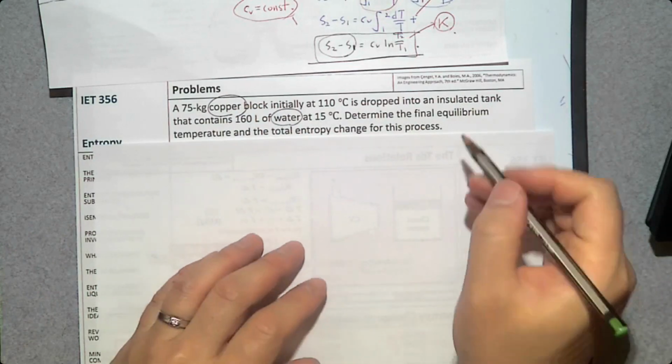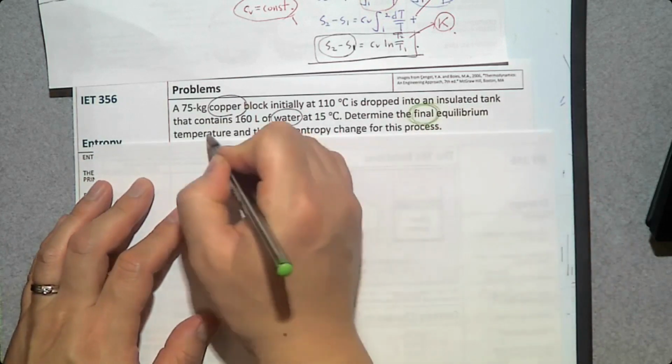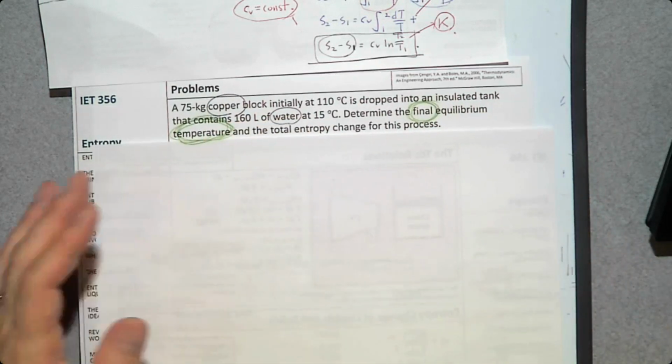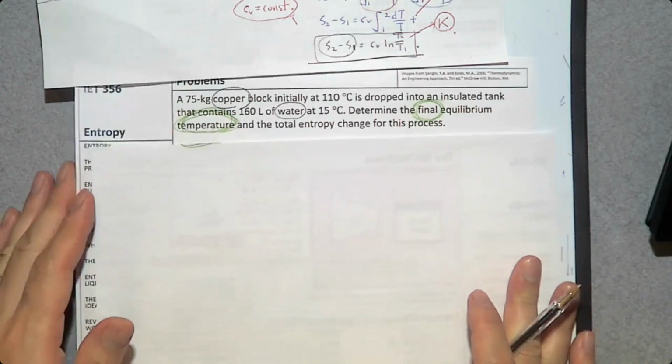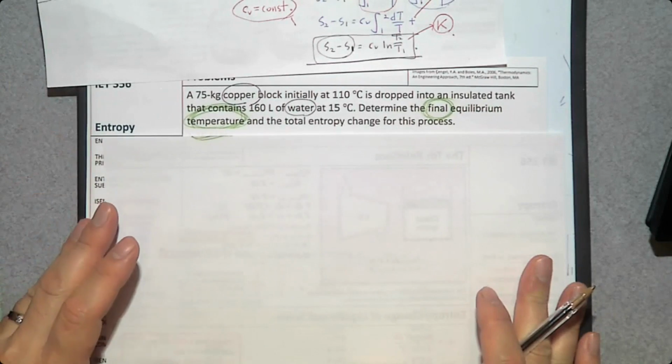First of all, we want to determine the final temperature. How can we do that? We can use the energy balance equation. Whenever you want to determine a property other than entropy, you use the energy balance equation. What about entropy? Then use the entropy balance equation, but we haven't studied the entropy balance equation yet. Okay, so just the energy balance equation. Then, what is the energy balance equation?